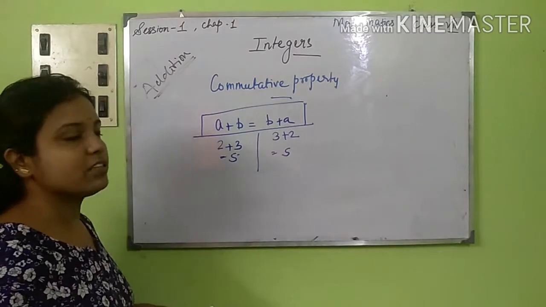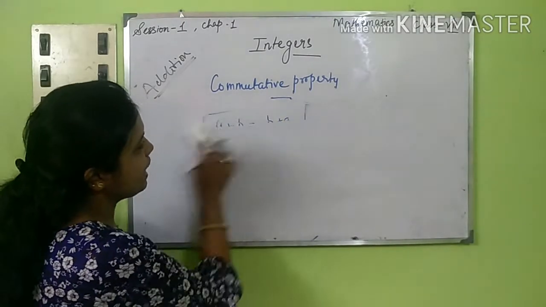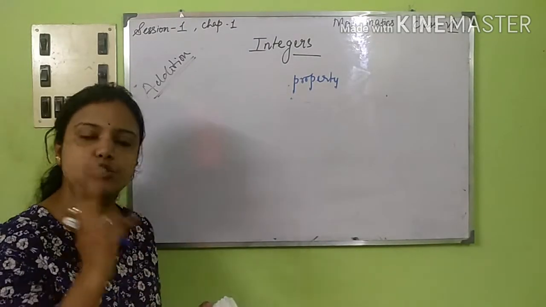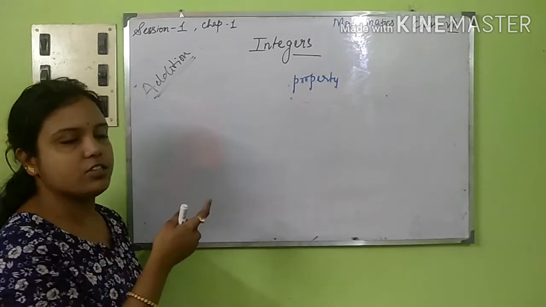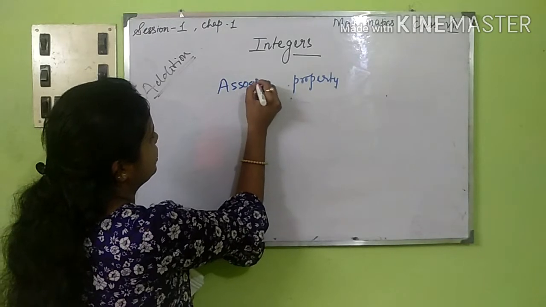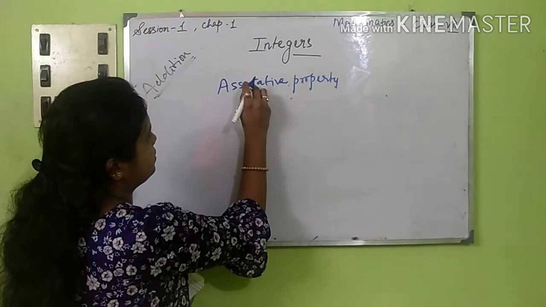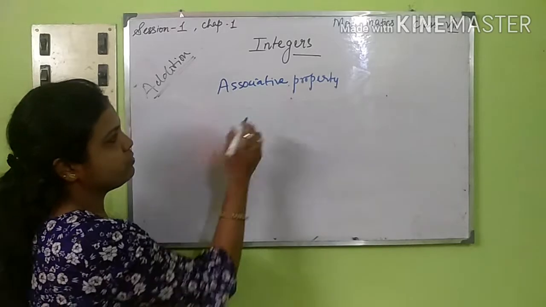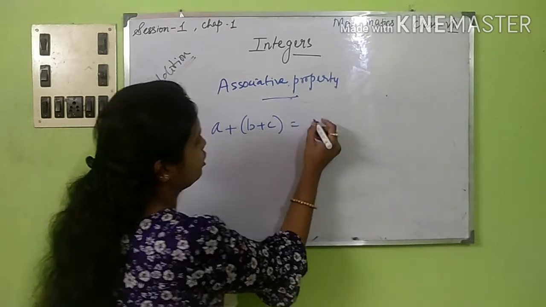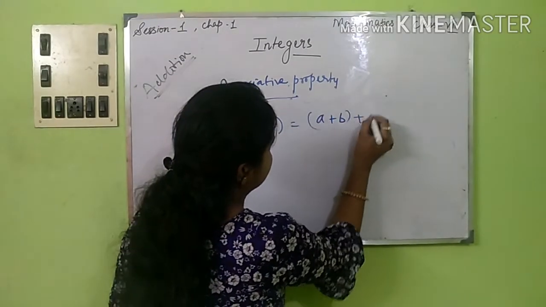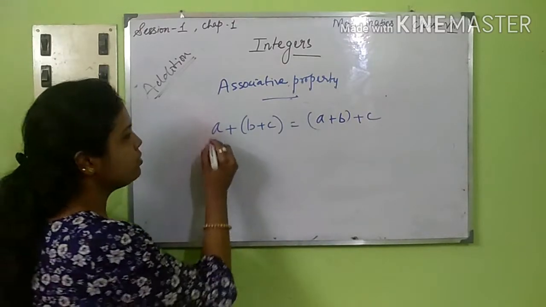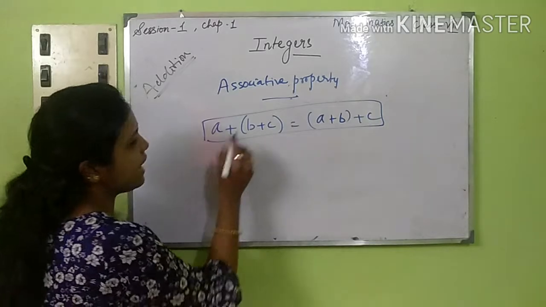Okay, next coming to the associative property. Associative property is almost the same as the commutative property. In the commutative property we were dealing with two numbers, and in the associative property we will be dealing with three different numbers. This is C here, don't get confused. For the associative property, (a plus b) plus c is equal to a plus (b plus c). As you know, we work out the bracket first. So let's take this as the law and solve it.